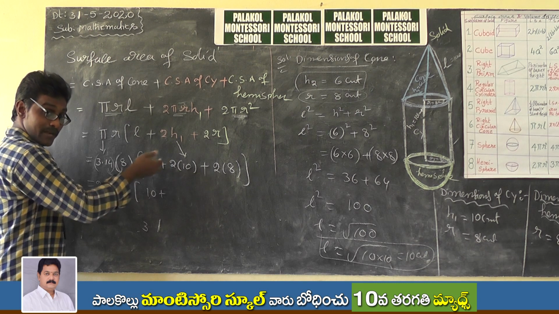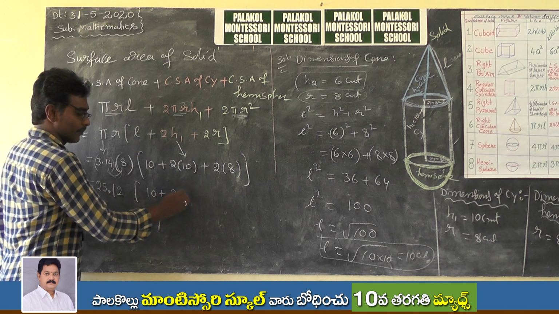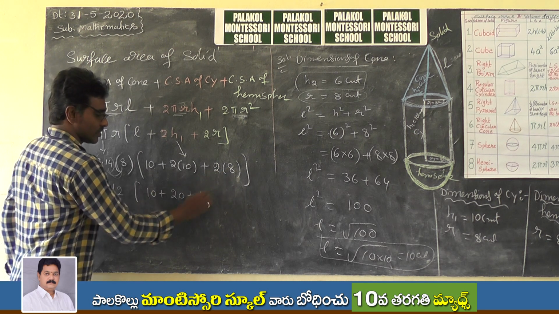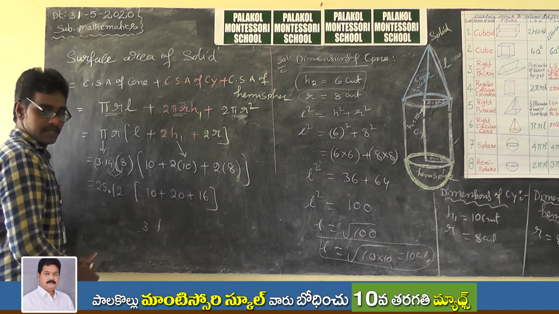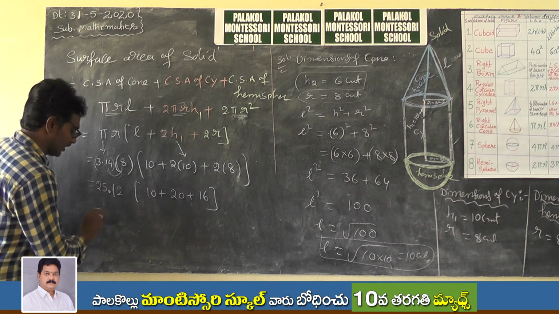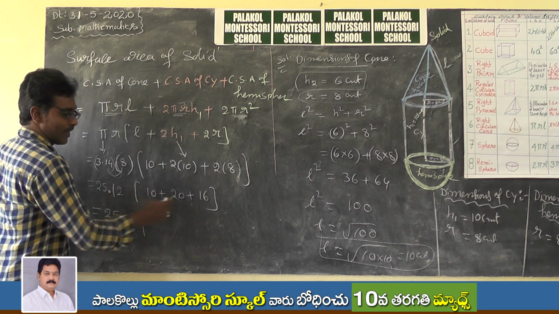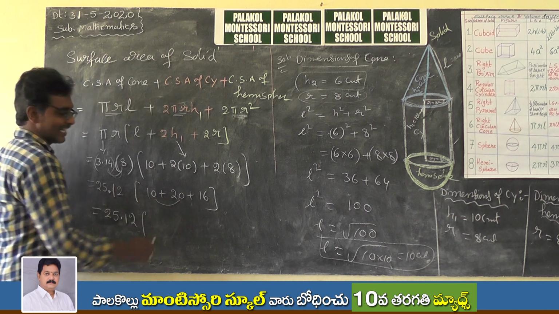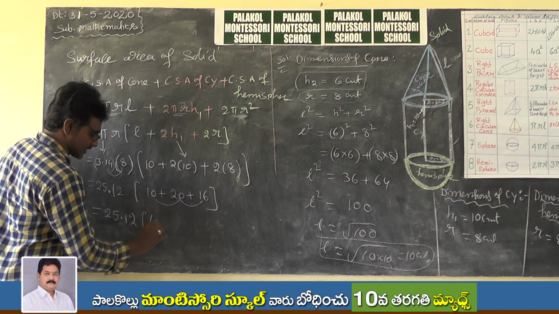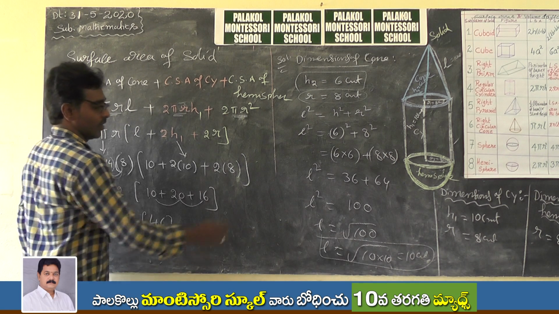Here simplify the bracket terms. 10 plus 2 tens are 20, plus 2 eights are 16. 25.12 of 10 plus 20 is 30. 30 plus 16 is 46.